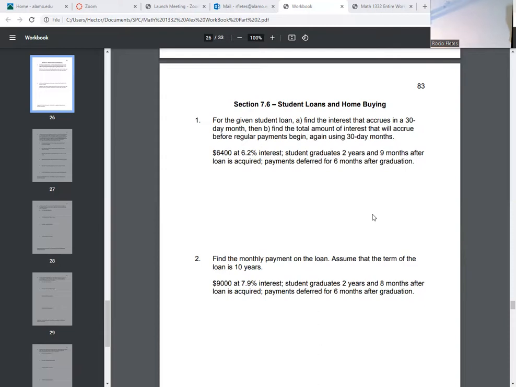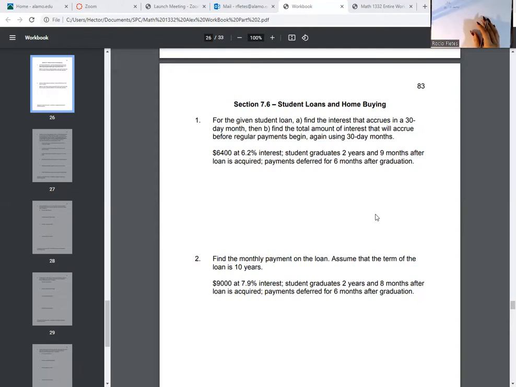Okay, so we have a 30-day month. And then find the total amount of interest that will accrue before regular payments begin using a 30-day month. And we have a principal, so the loan has a principal amount of $6,400. So the principal is $5,600, right?